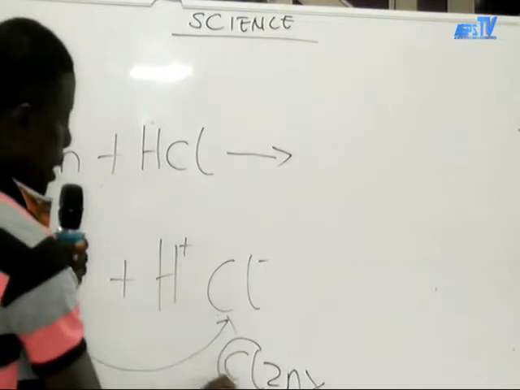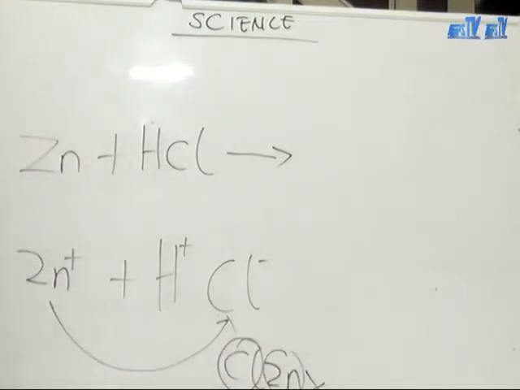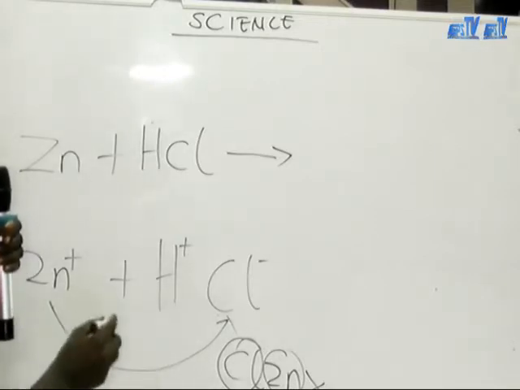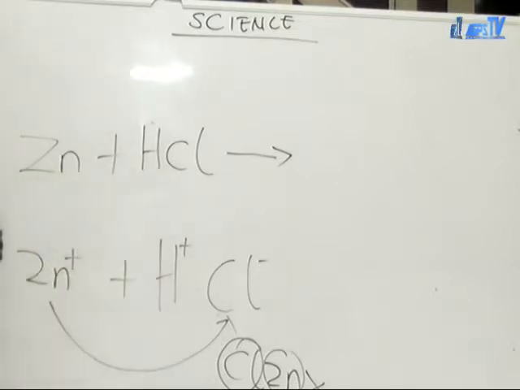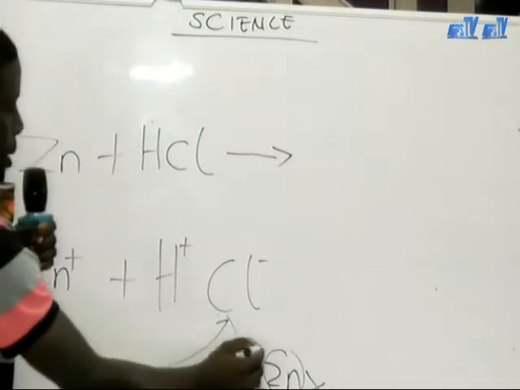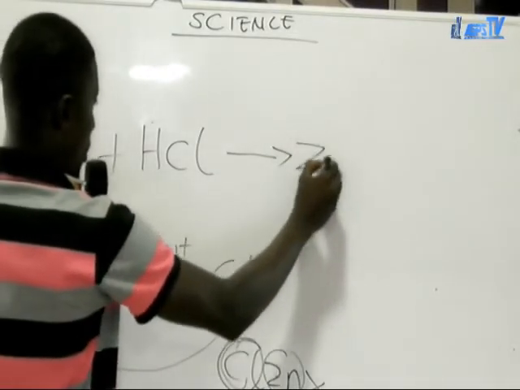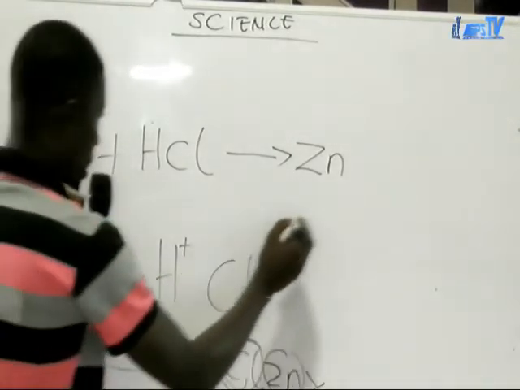This is a gas and this is a metal. So when you are writing a compound, if you are told to write a chemical formula for the following compound, you have to make sure that you write the metal first before the gas. This is the chemical symbol for zinc. After that, you write the gas.